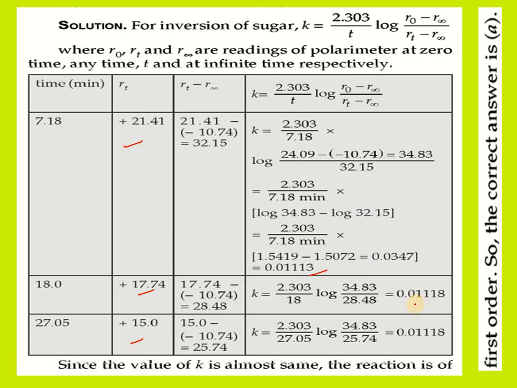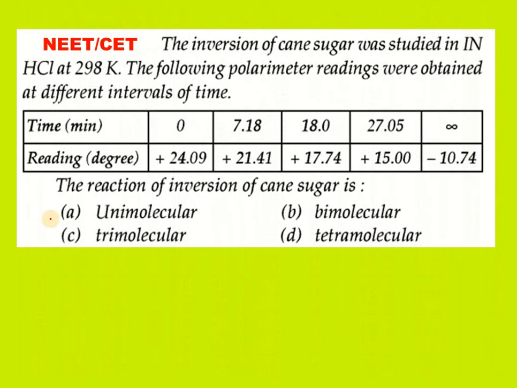At 18 minutes the rate constant is 0.0118, and at 27.05 minutes it is 0.0118. Since the value of K is almost the same in the 18 minutes case and the 27 minutes case, the correct answer for this one is unimolecular reaction, first order only.